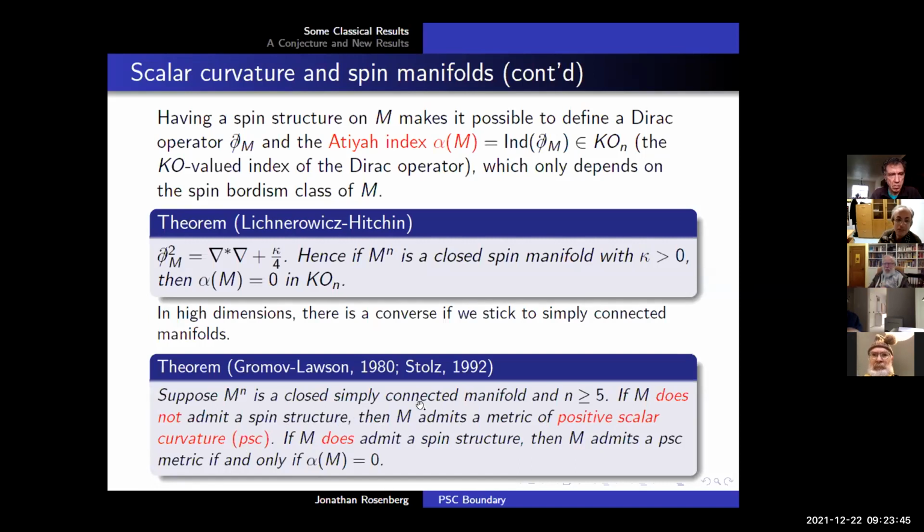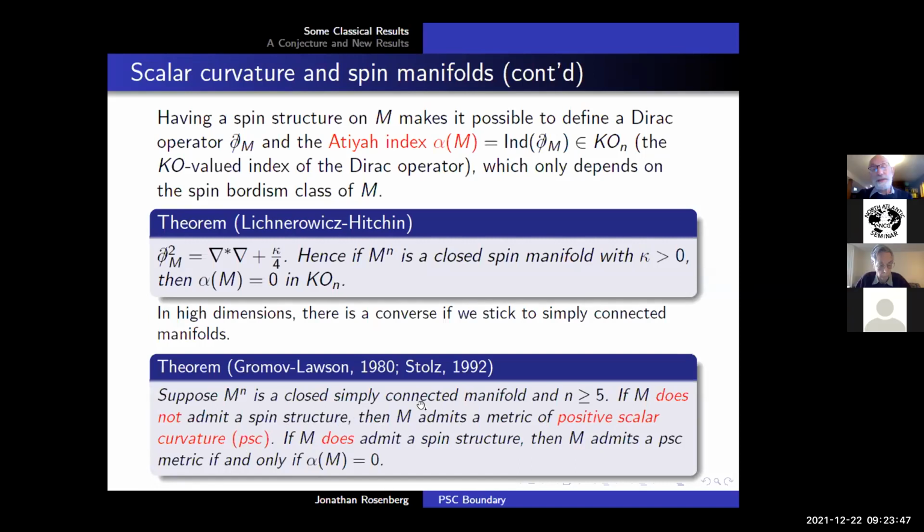So I should say right off the bat that the method of proof of this theorem is very indirect. You don't do this directly. You go through certain contortions, which I will talk about in a moment. But anyway, this is a very deep and indirect theorem. If M does admit a spin structure, then of course we have the obstruction over here that the alpha invariant has to vanish.